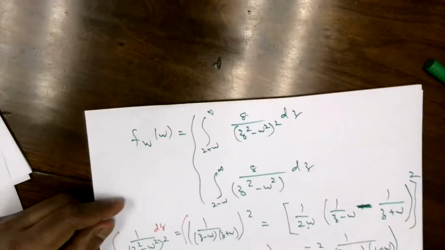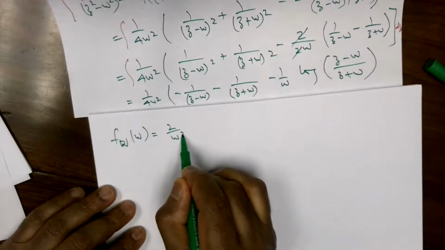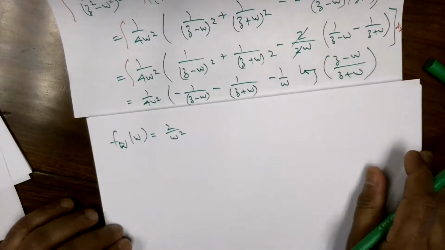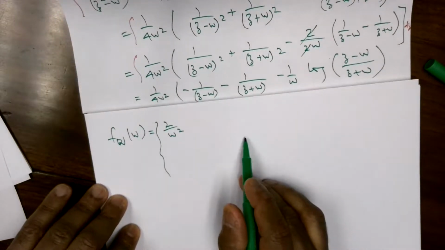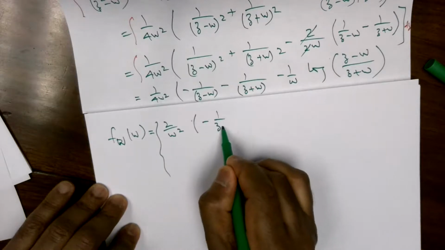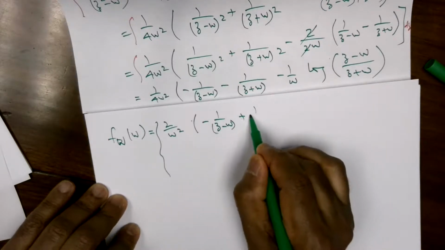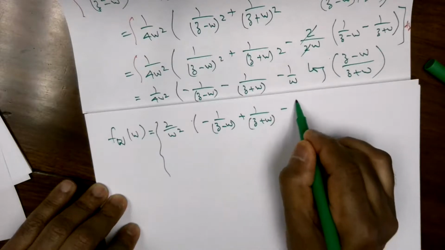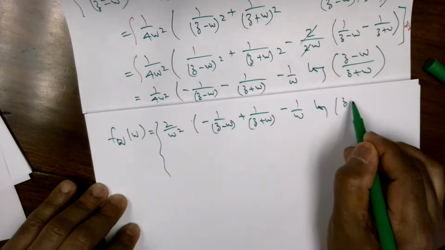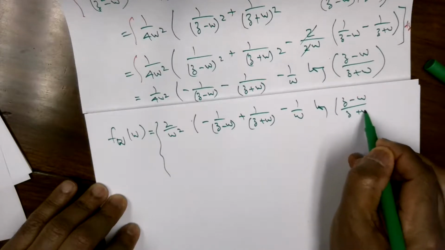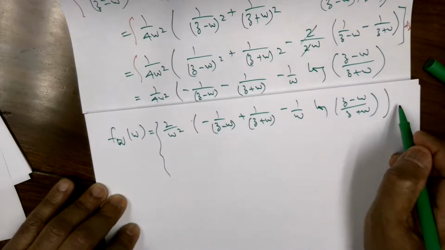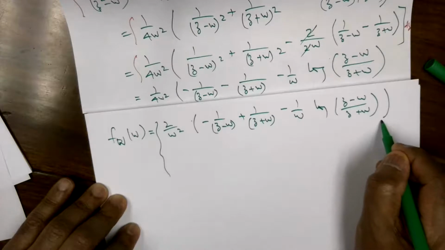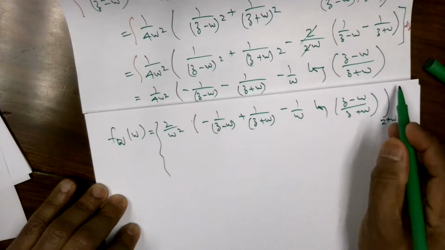So what we are interested in, f of w, is, now there is a constant 8 and 4, so that becomes 2 over w squared multiplied by, I'm just going to repeat this in order to avoid confusion. So this whole thing goes from 2 plus w to infinity.